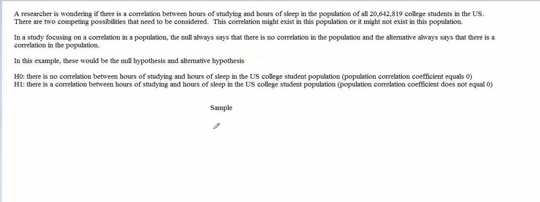That might be found. If we took a sample from the population, let's say that we're taking a sample of 100 people.